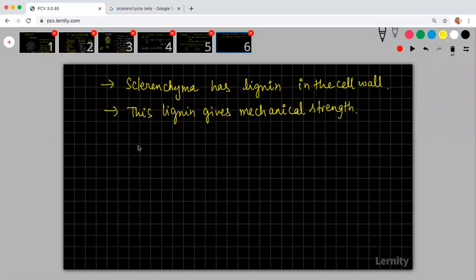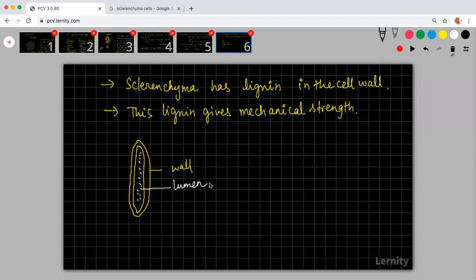Okay, if you see a fiber, the fiber will look like this. This is the wall, and inside that empty space, we call it as lumen.